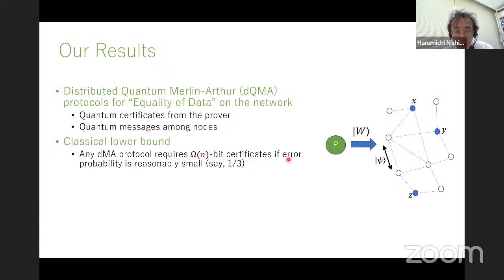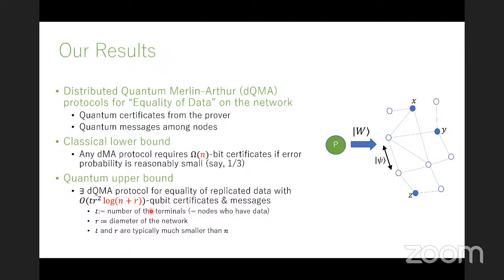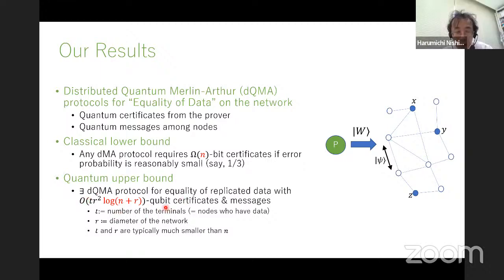Of course, the error is reasonably small. On the other hand, our protocol has a small certificate in terms of the length of data. So this part is our advantage.